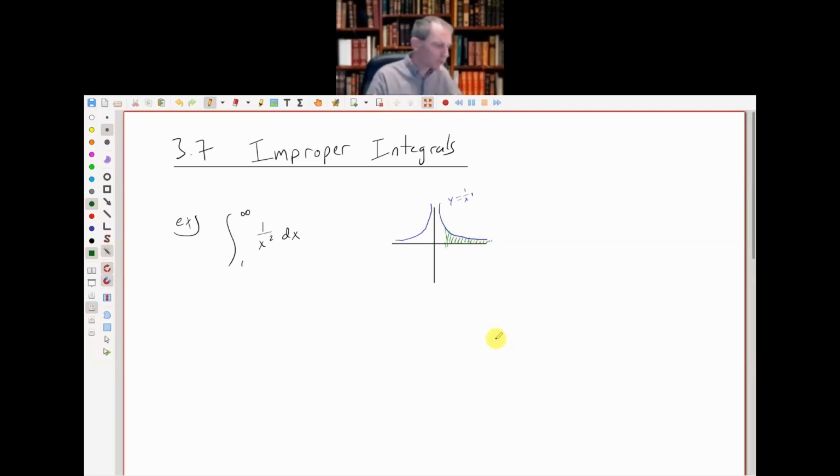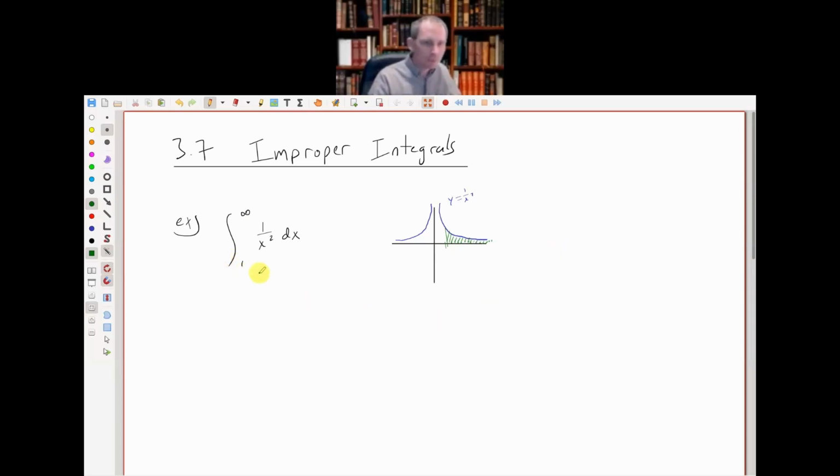Now, it is certainly possible that if I start adding up these bits of area, since I'm adding up forever, that amount of area will just keep going up and up forever. Then I get what appears to be an infinite amount of area, and in that situation, we say that the integral will diverge.